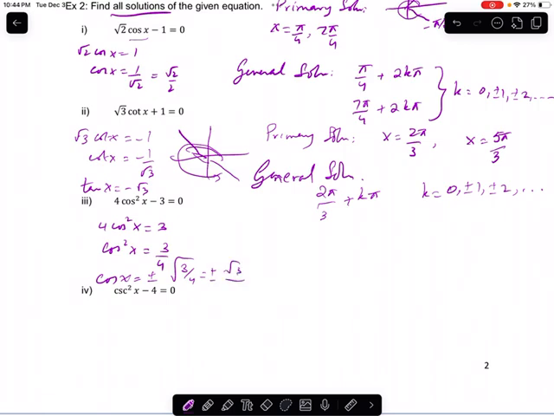So now we have two equations. Cosine of x equals square root of 3 over 2, and the other equation is cosine of x equals negative square root of 3 over 2.